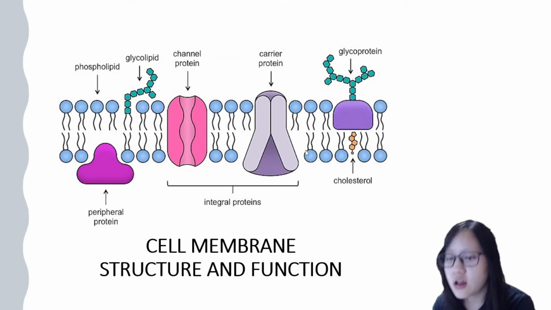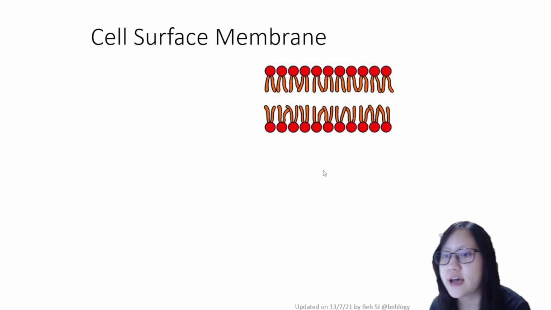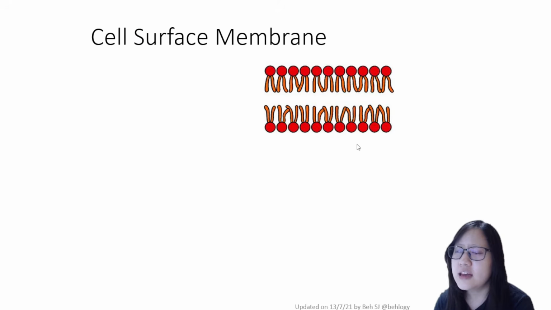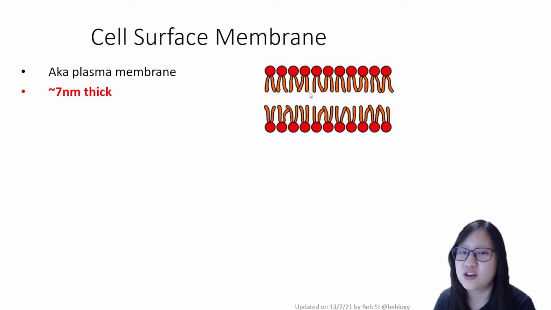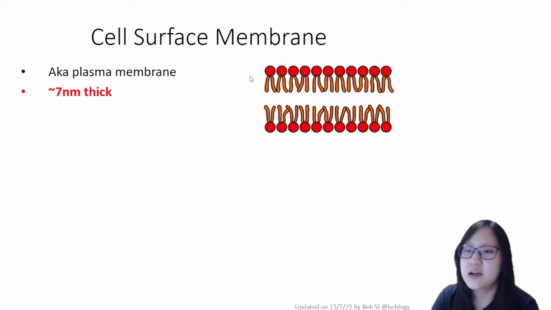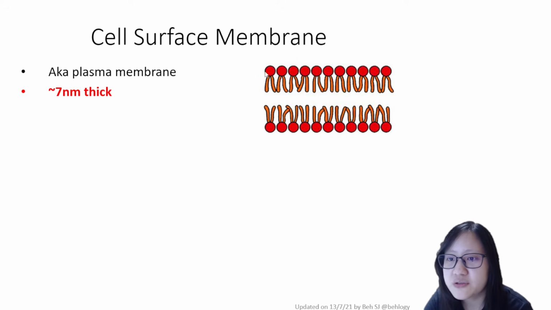Part 1 is all about cell membrane structure and function. Now, as we know from chapter 1, the cell surface membrane or plasma membrane is around 7 nanometers thick and is primarily made out of this phospholipid bilayer.